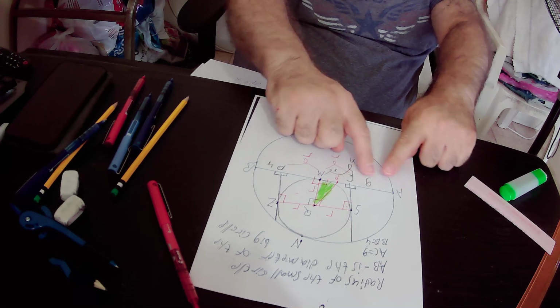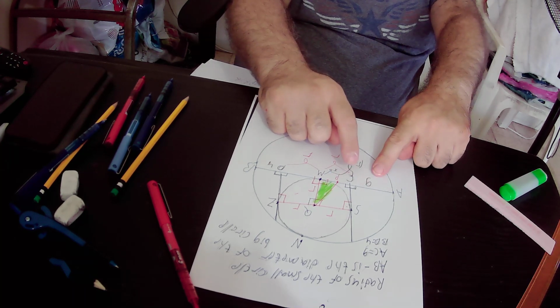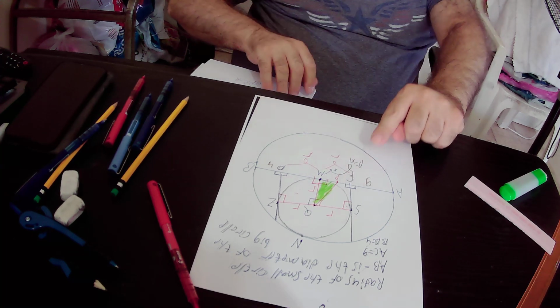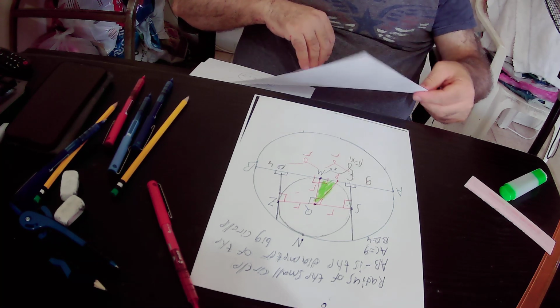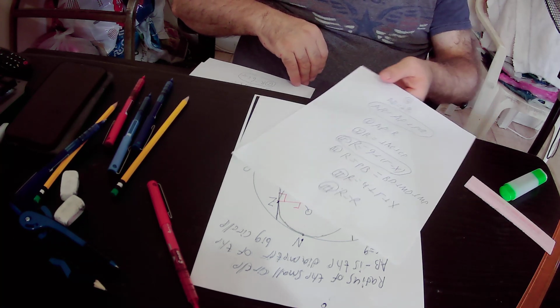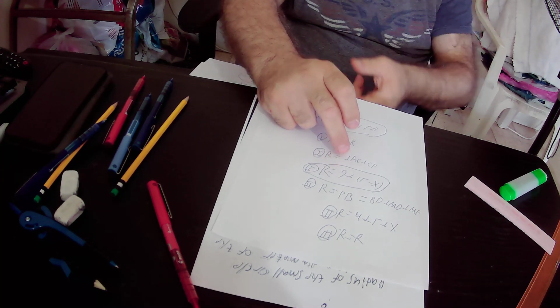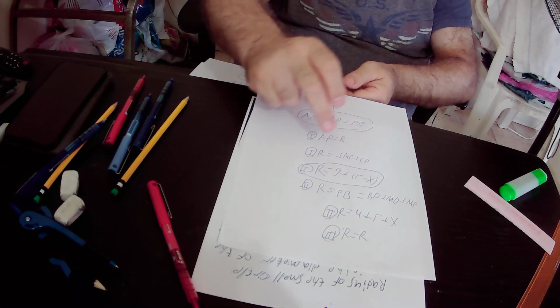AP equals AC plus CP, and AC equals 9 units, and CP equals r minus X. So actually capital R equals AC, that is 9 units, plus CP, that is r minus X.